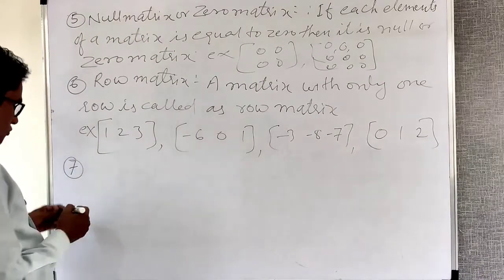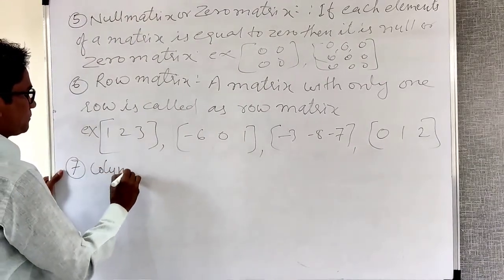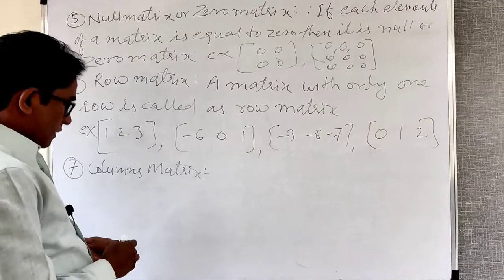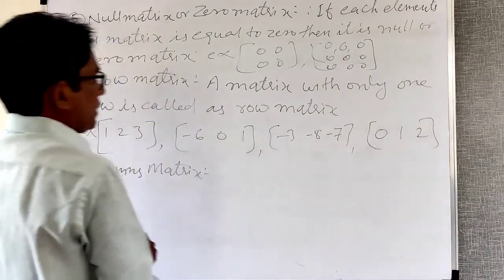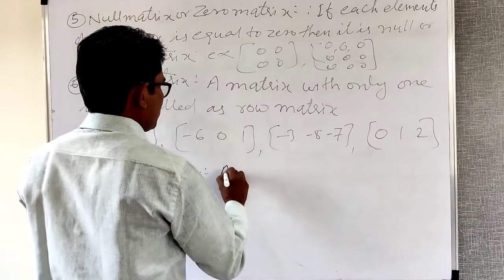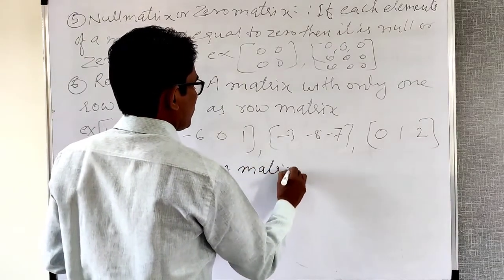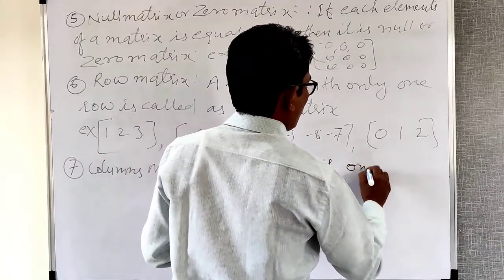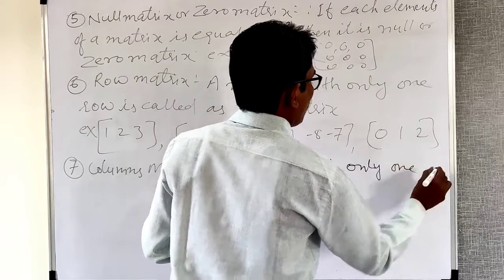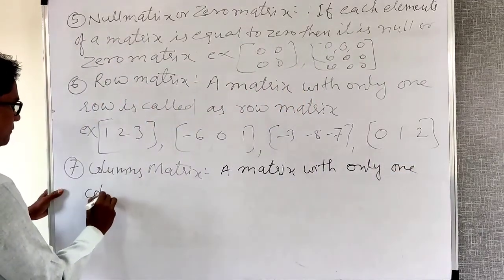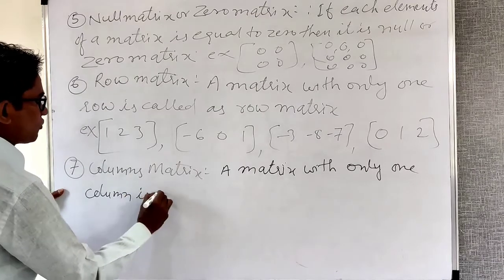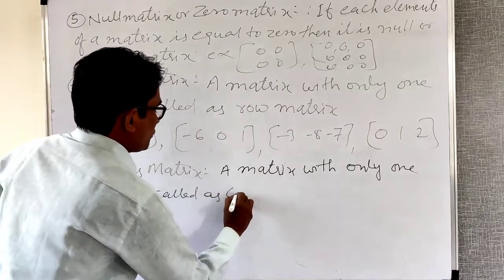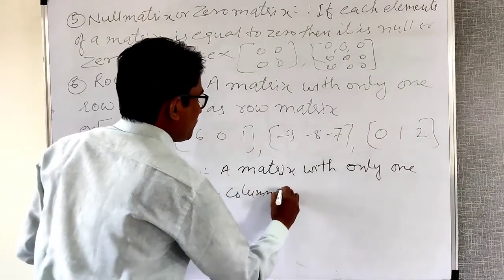Next, column matrix. A matrix with only one column is called a column matrix.